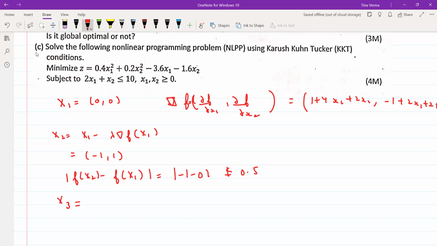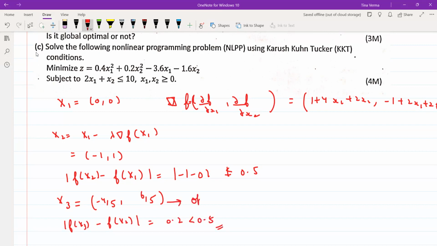In the second iteration, you got the point as minus 4 by 5 and 6 by 5. So when you check the condition that f of x3 minus f of x2, that was coming out to be 0.2, which is less than 0.5.